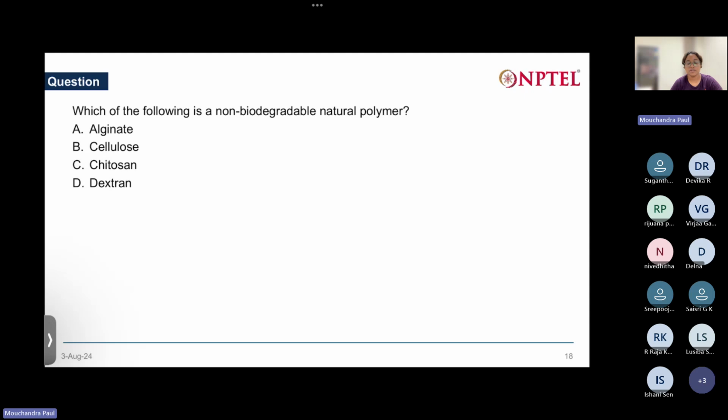Yeah, this is the next question. Which of the following is a non-biodegradable natural polymer? And you have to answer why. All of these are natural polymers, but which one is non-biodegradable?